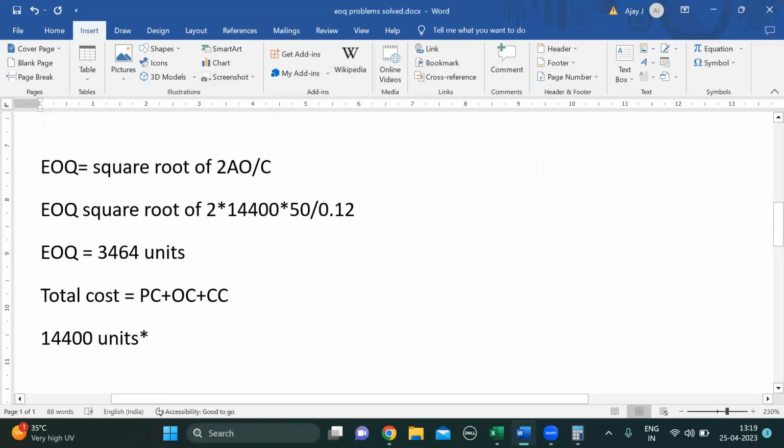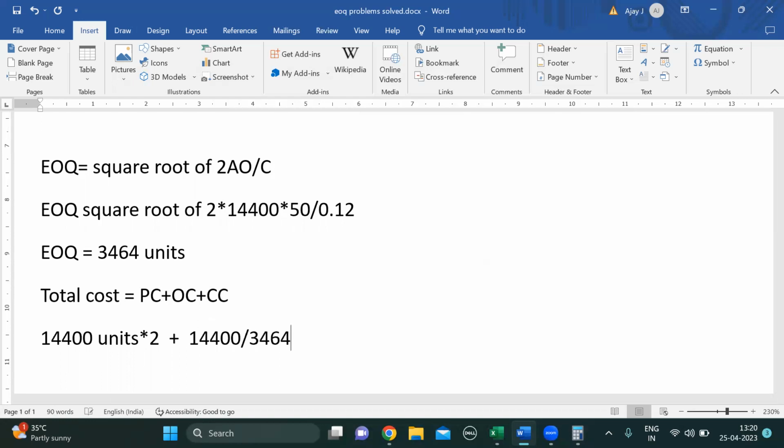We'll get the purchase cost plus ordering cost is quantity. Total demand 14,400 divided by 3,464. 3,464 is the quantity into ordering cost per order is 50 rupees.